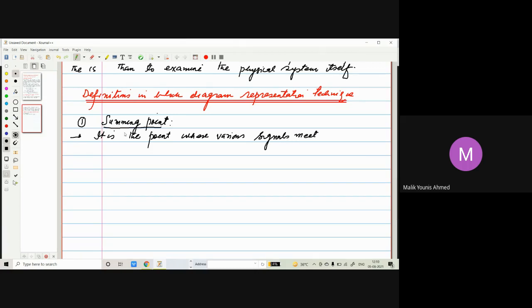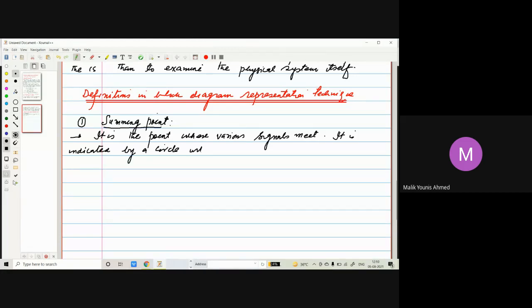The various signals are coming towards the summing point, and there can be one signal, and more than one signal can meet there. I have already told you it is indicated by a circle with a cross.